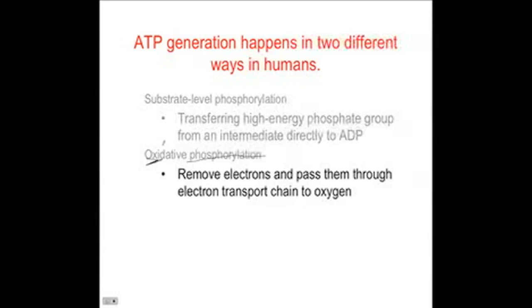When these electrons pass through an electron transport chain, they actually generate energy, and that energy is used to attach a free phosphate to ADP. So instead of using an intermediate, we attach a free phosphate to ADP to make ATP.